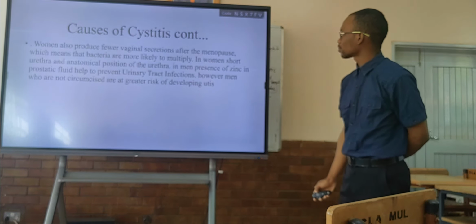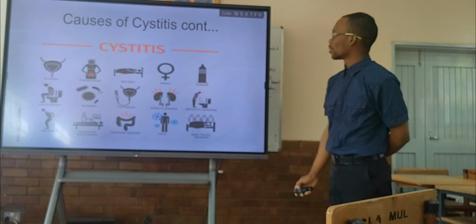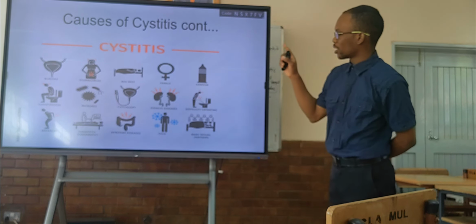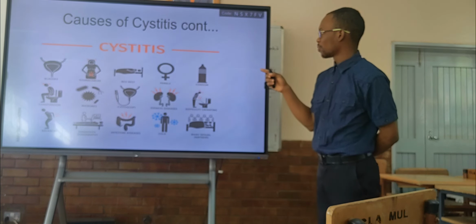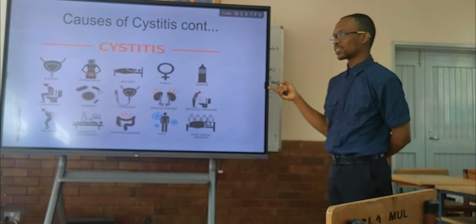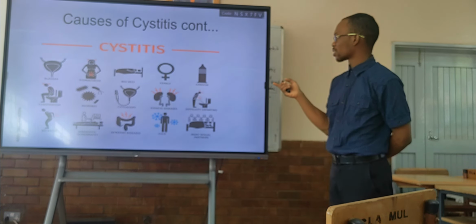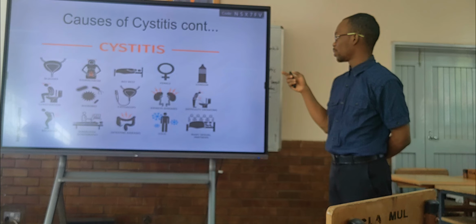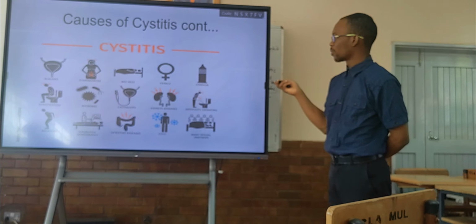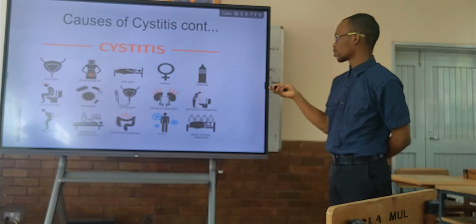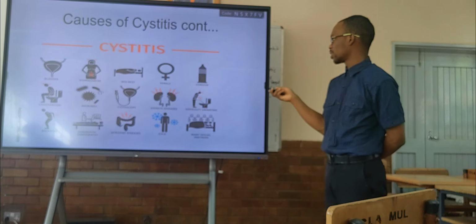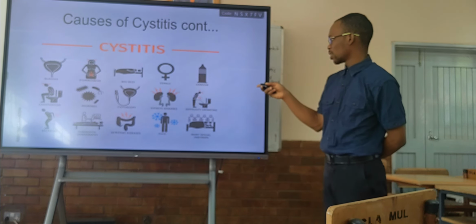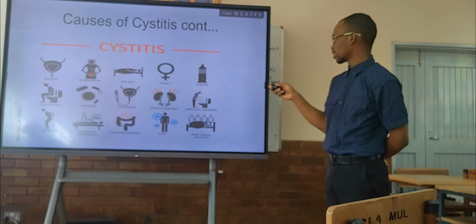So these are diagrams which show an inflamed bladder, stomach aches, bed rest, and then the issue of being female, condom, constipation, microbes, cystoscopy, kidney disease, difficulty urinating, backache, diagnostic sonography, intestinal disease, cold, and many sexual partners.